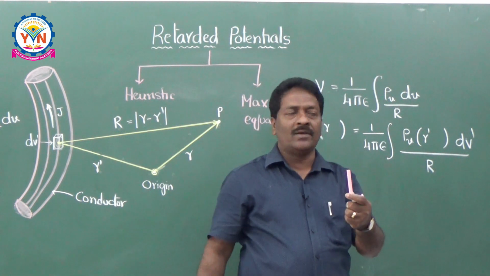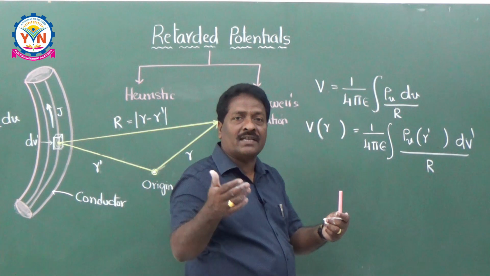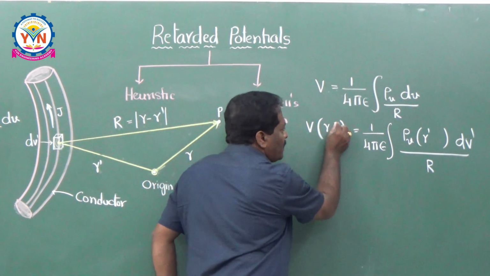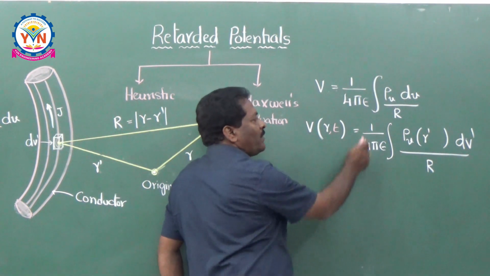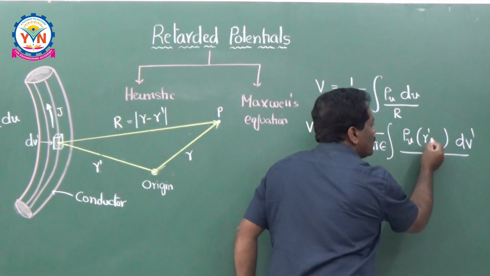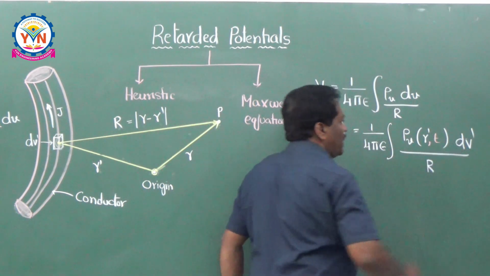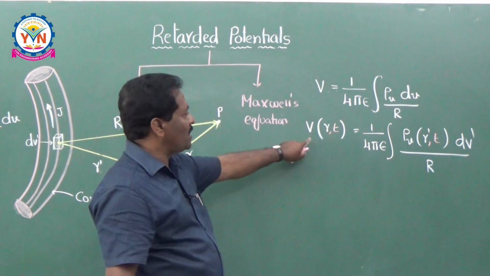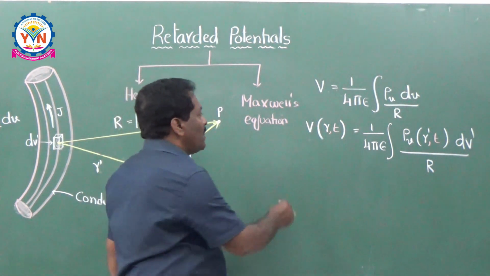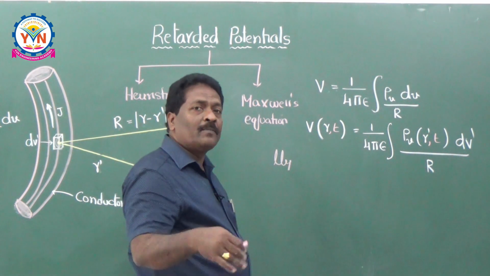So your potential is also like this. Potential is a function of both distance as well as time. That's why I can say V of r comma t is equal to 1 by 4 pi epsilon integral rho V of r dash comma t divided by R into dV dash. This is the potential equation. It is an electric potential. Similarly, I can write down the magnetic potential also.